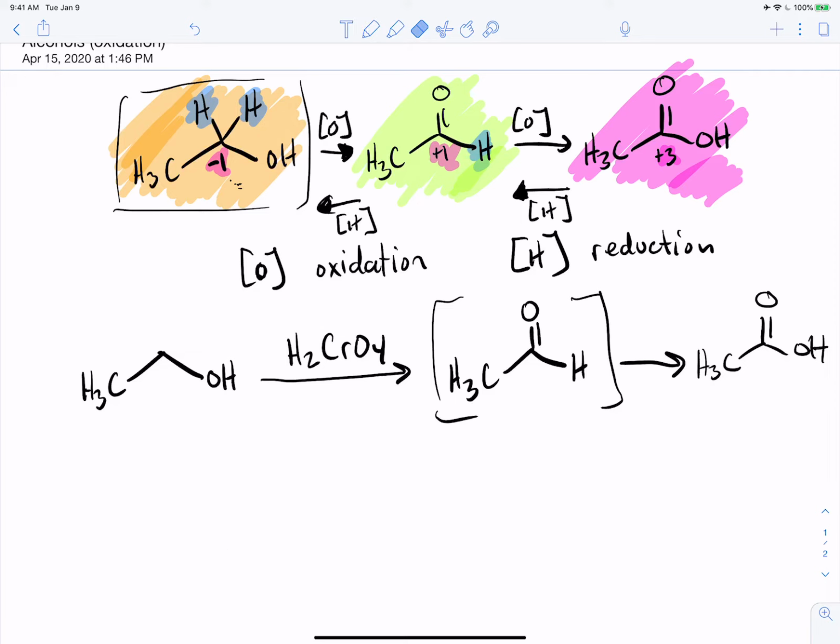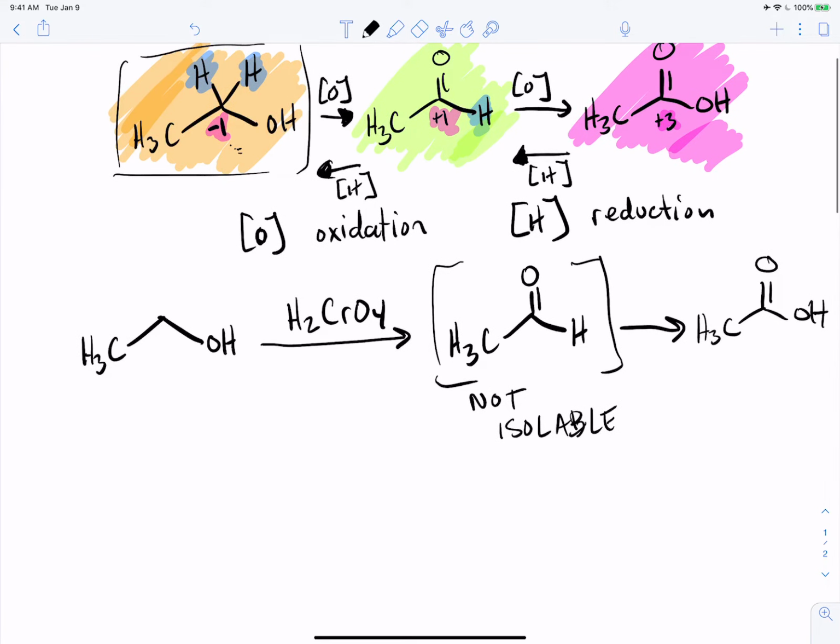But if you run this reaction with chromic acid, you don't actually see this. Not isolable. Maybe a new word for you, isolable. But yeah, you don't actually see this. We only see the carboxylic acid. And the reason for that is that the aldehyde is actually easier to oxidize, so it has a lower oxidation potential than the alcohol.